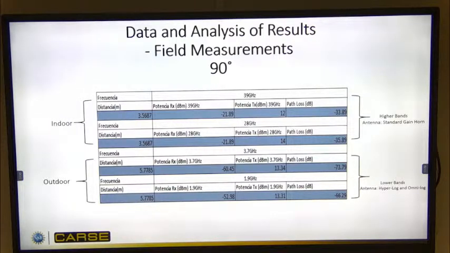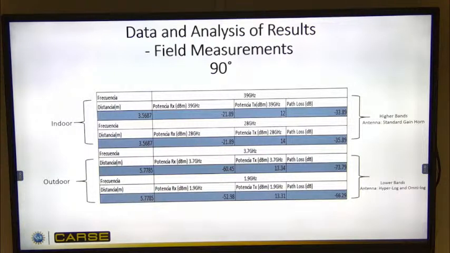So, in the case of the 28 gigahertz, there was less path loss than for the 39 gigahertz. This one is the higher bands.